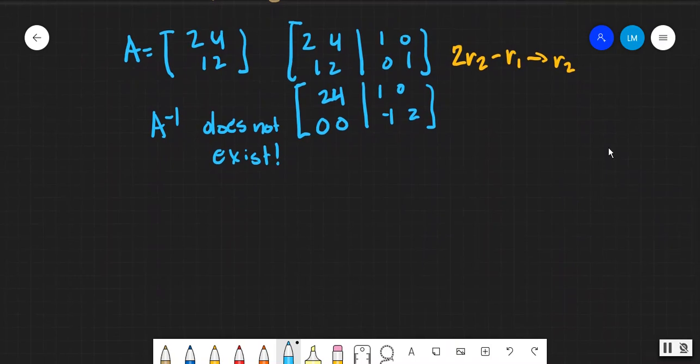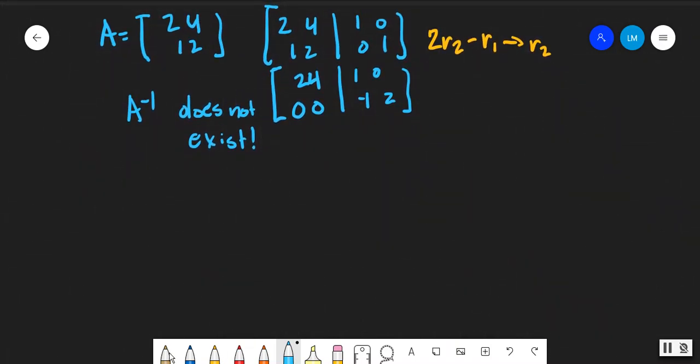So right now you're probably wondering, well, if that's the case, then why am I even doing this? And again, it's only if we knew what the matrix was.